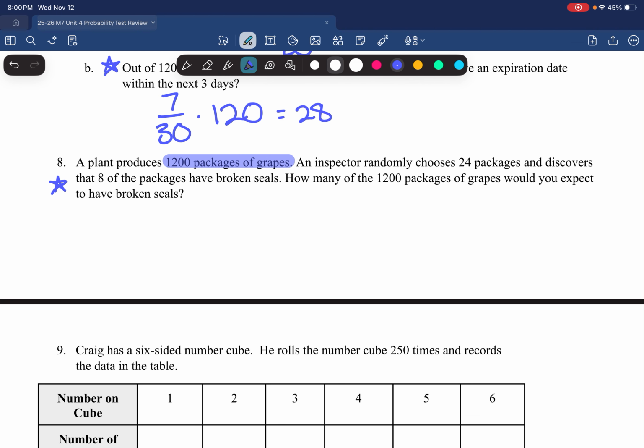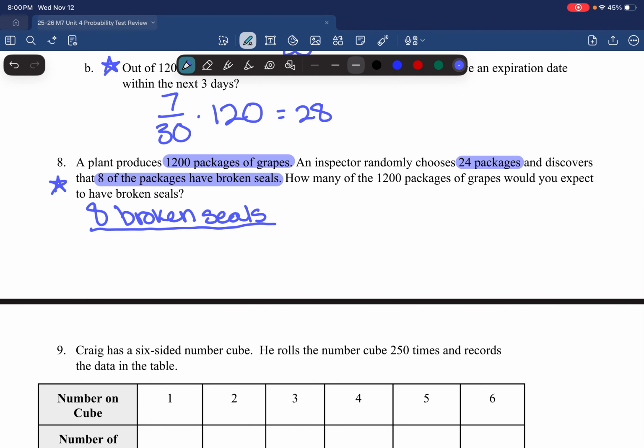So 1,200 packages of grapes, 24 packages, 8 were broken. So I need to do 8. I'm writing this out fully to help you understand a little bit better.